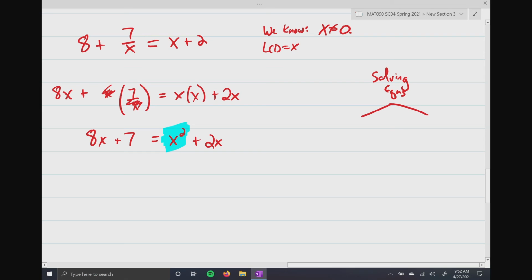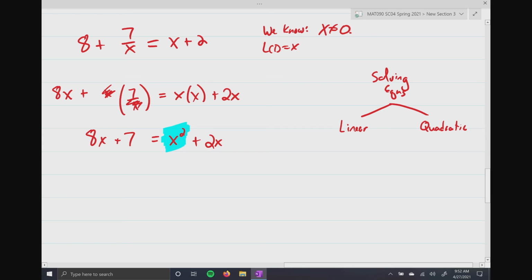You know how to solve linear equations, and then you know how to solve quadratic equations. This equation that I have right here currently is quadratic because of the x squared term.